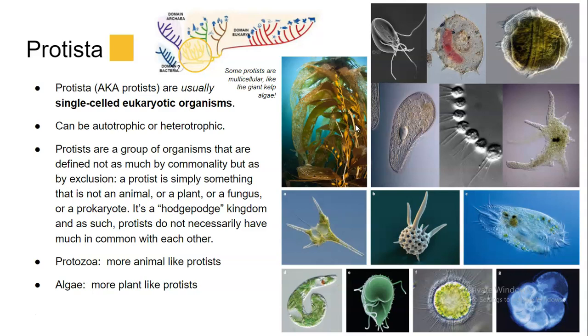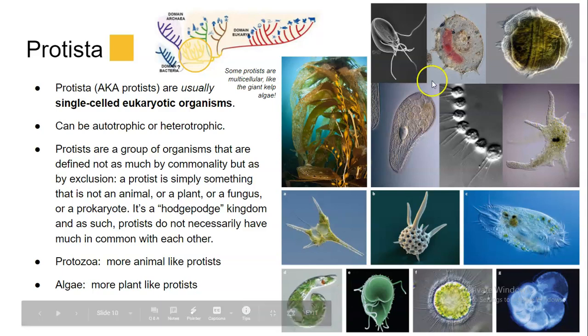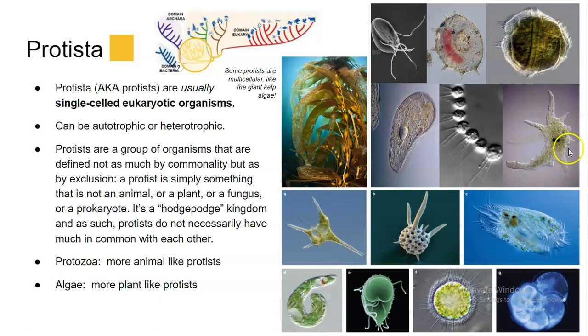Otherwise, the protists are things like paramecium or amoeba. Sorry, that's an amoeba. Paramecium, amoeba. And they're a group of organisms that are defined not as much by commonality, but by exclusion.